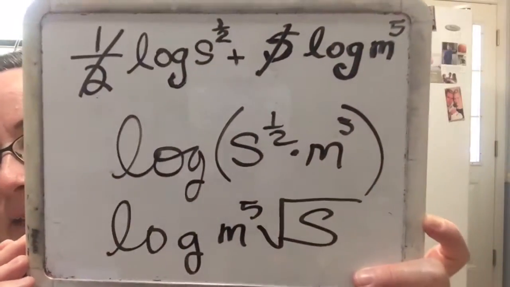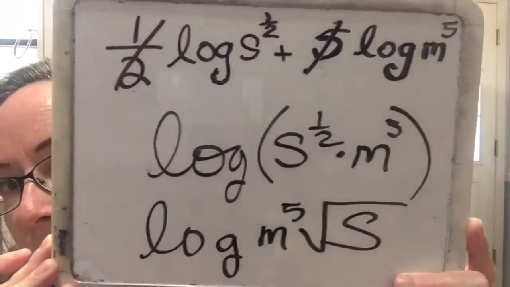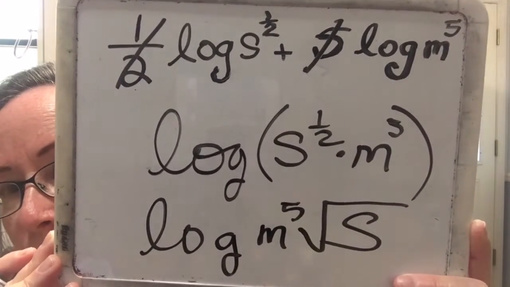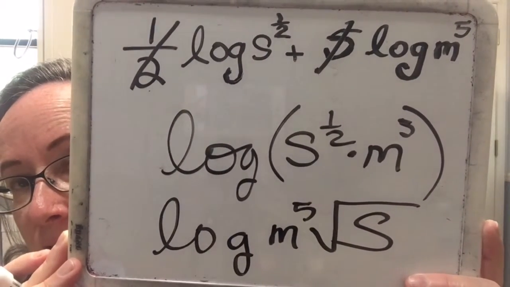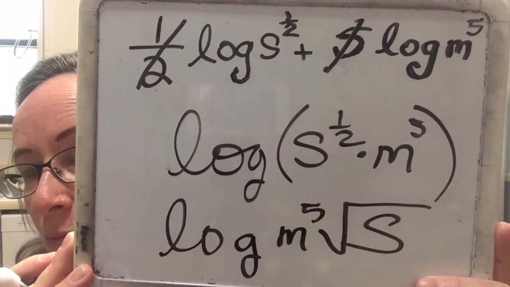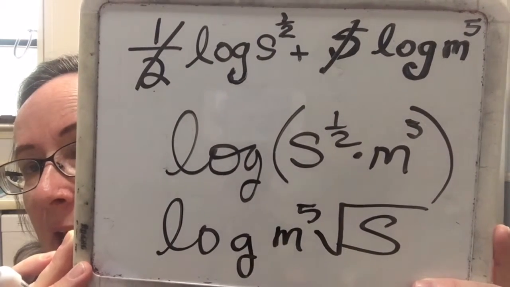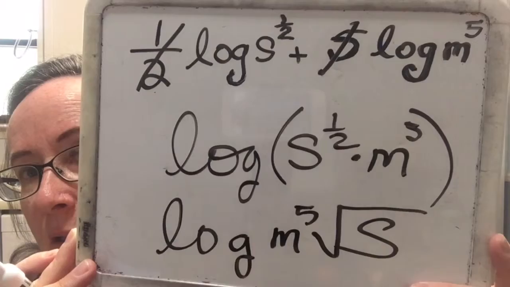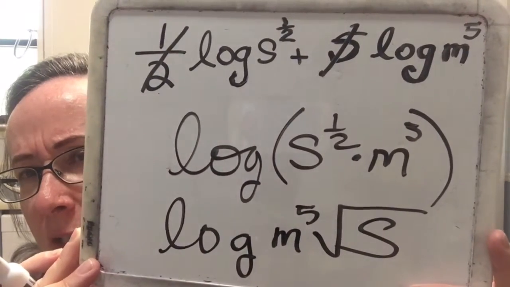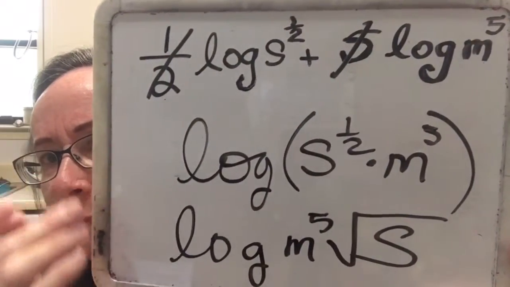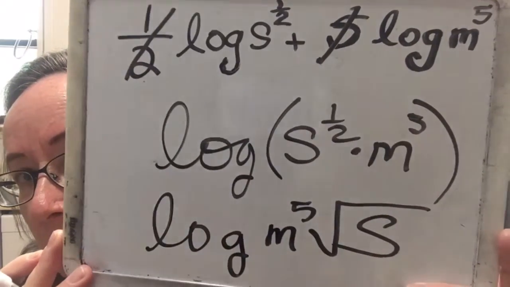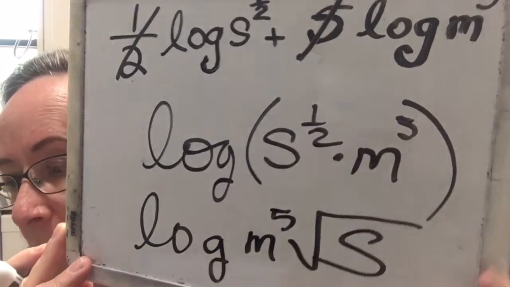And that's what they have in the answer key. And certainly you should recognize that as an answer. And if I told you to put it into radical form, you should be able to do it. If I didn't tell you to do it a specific way, then I should expect to accept both of those answers because they mean the same thing. Okay, so that is the way you do those problems, and we have some more here.